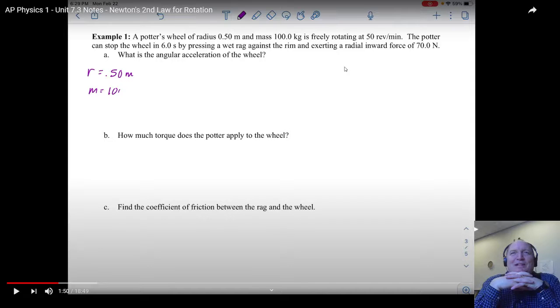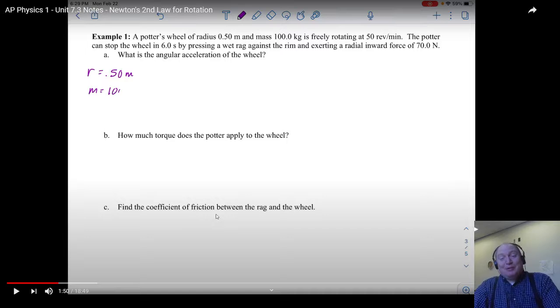Okay, now I'm intrigued. Ooh, yeah, it's way down here at part C. Man, that's pretty cool. Did you see how I was like, what? Inward force not going to do anything. It's got to be friction, and aha, sure enough, it's got to come from here. So let's see how they're going to do it. Okay, yeah, that's easy. You can figure out how much because it took 6 seconds.